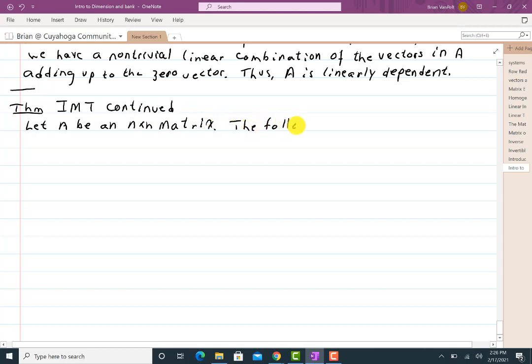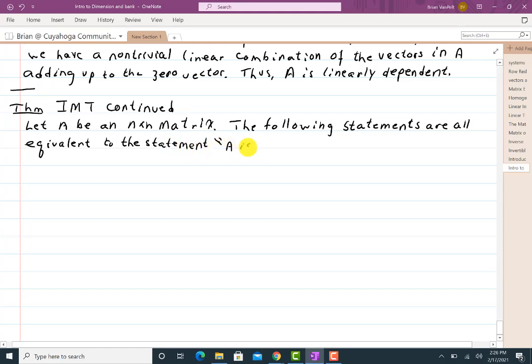The following statements are all equivalent to the statement A is an invertible matrix.